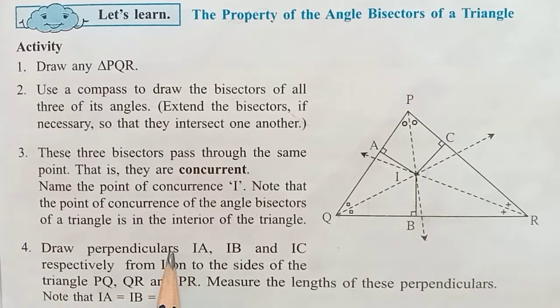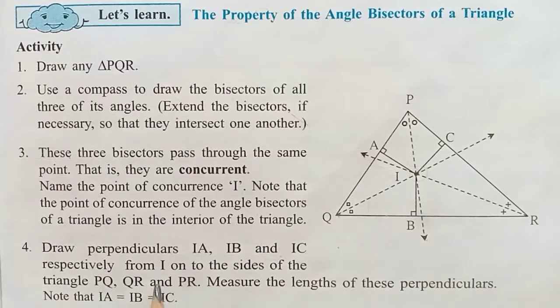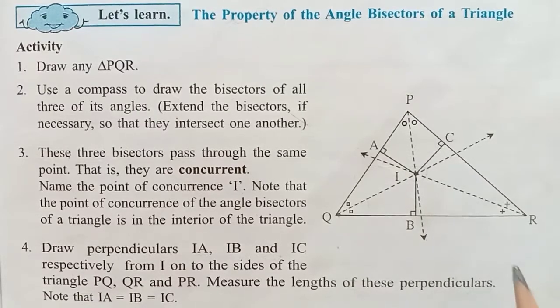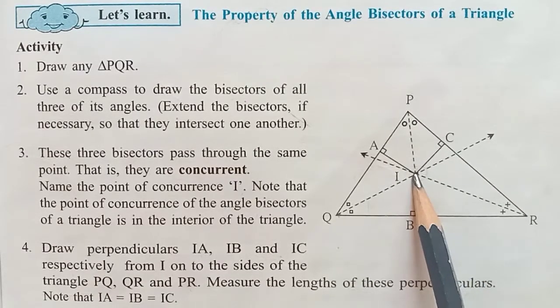Now draw perpendiculars IA, IB and IC respectively from I on the sides of the triangle PQ, QR and PR. Measure the length of these perpendiculars.